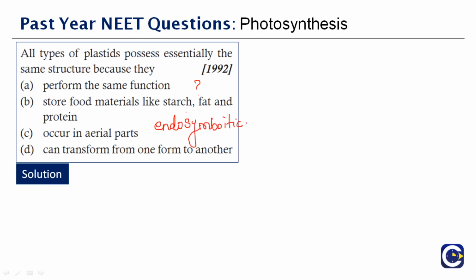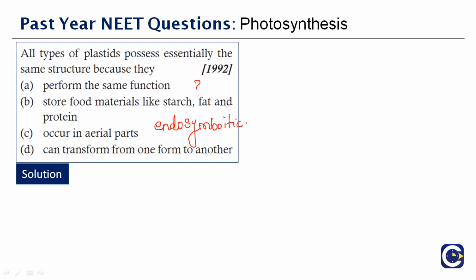Endosymbiotic means they live in relationship within the organism. Cyanobacteria is one good example here. Plastid was first discovered by Haeckel, and later on it was Schimper who actually told what plastids are. Now I've given you what plastids are, so you can tell me what the answer is.